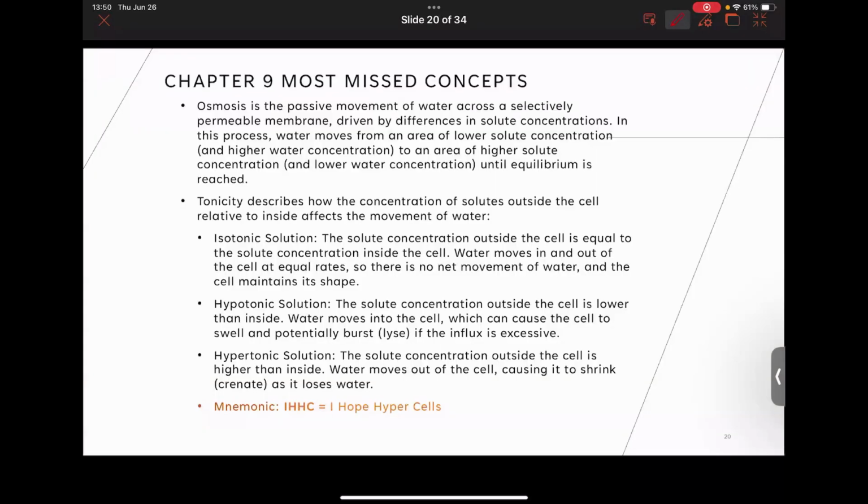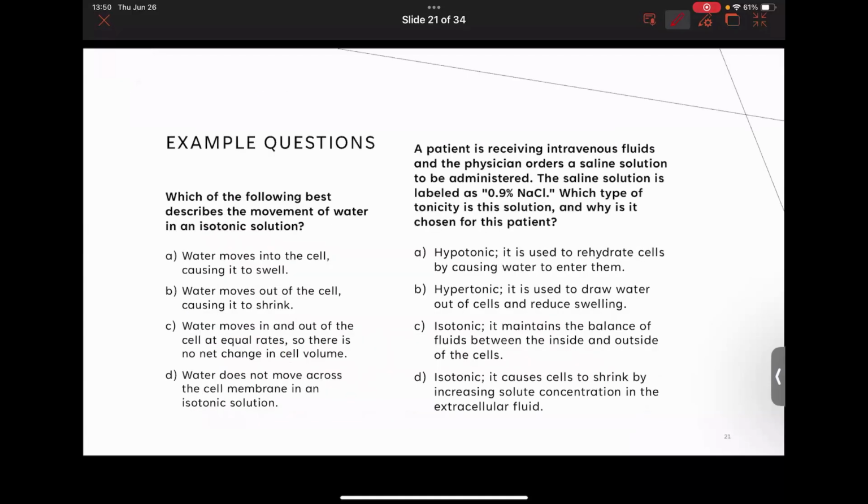All right. I think we have one question for chapter 9. So this is dealing with the tonicity stuff. Who is surprised? Isotonic versus hypotonic versus hypertonic. Iso, remember that's going to be equal. Hypo, lower outside. So water moves in.